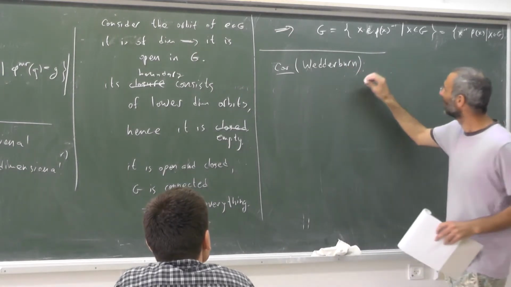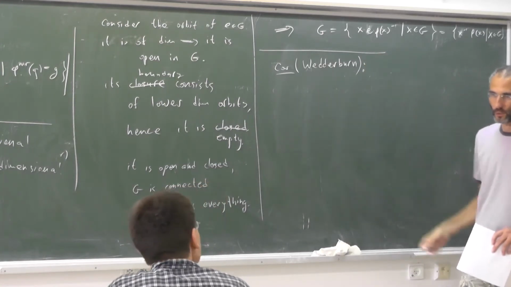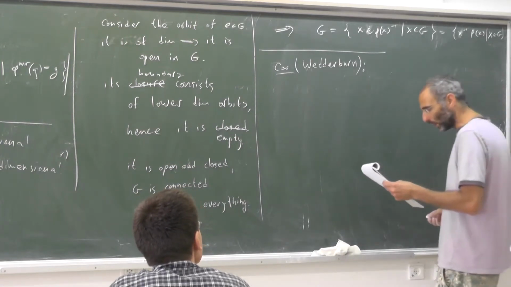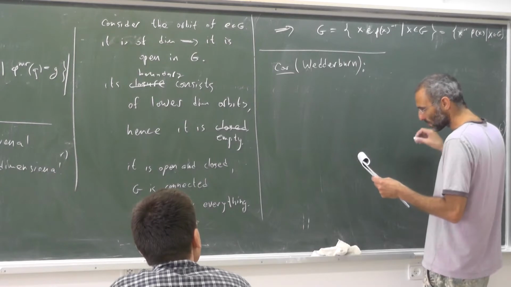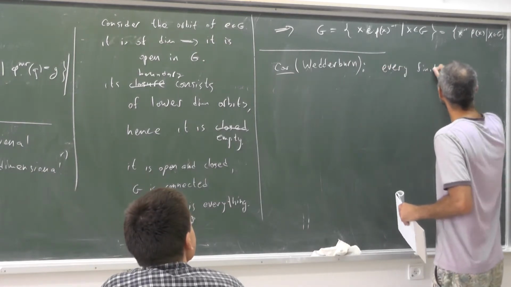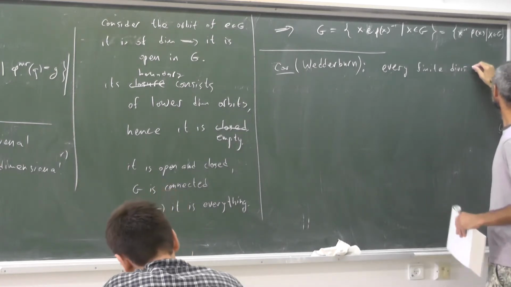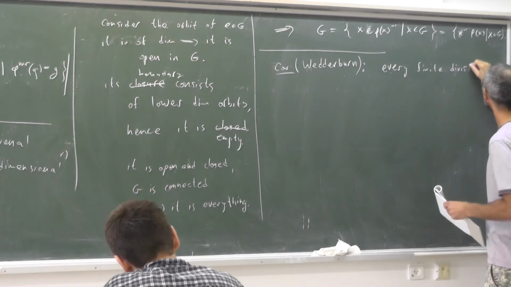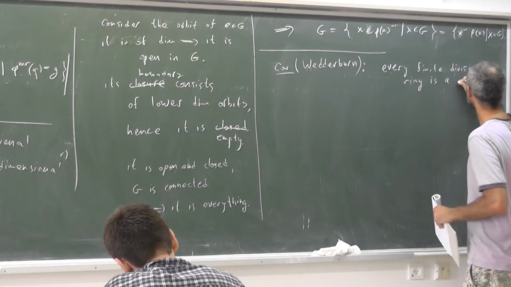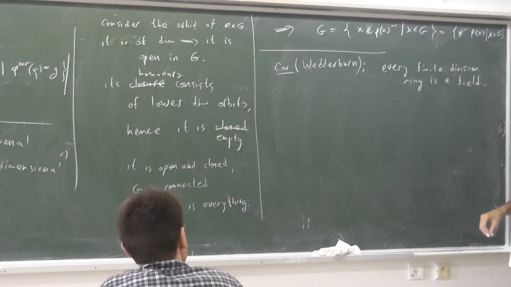So, okay, maybe I can record it and tell you the proof of that. Look at this point. Now, the claim is every finite division ring is a field.